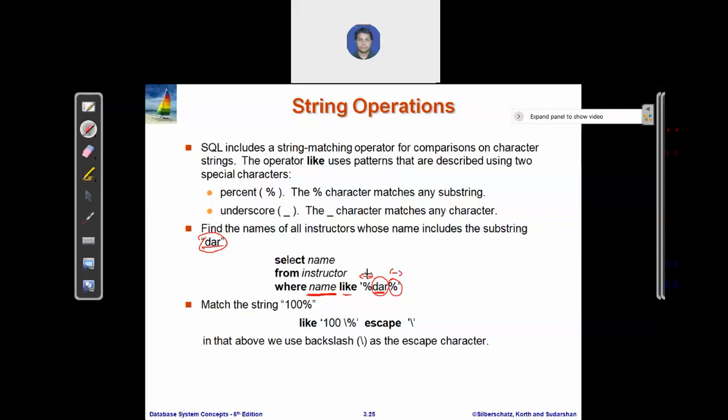Whatever is written before or after doesn't matter, but dar must be a part of the instructor's name. So any name in which dar is a substring will be returned. Is it clear?